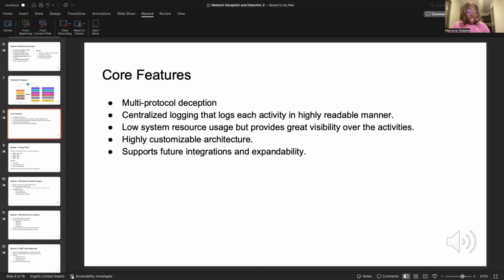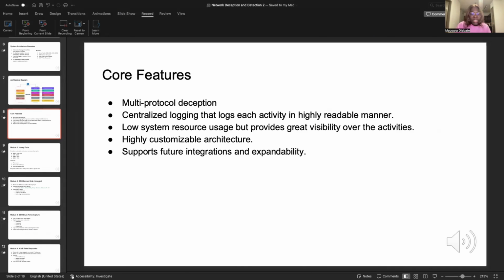Feature three, low resource usage with great visibility. It is a lightweight system that doesn't slow down your network and doesn't consume massive server resources, yet still provides complete visibility into all activity. Best of both worlds, efficiency plus insight. Feature four, customizable architecture.